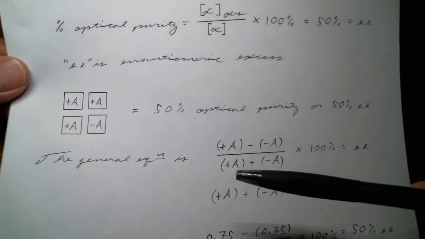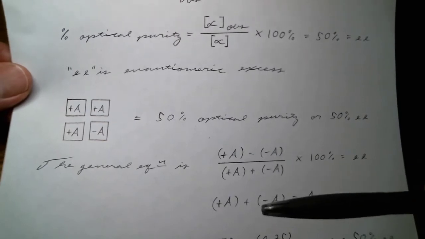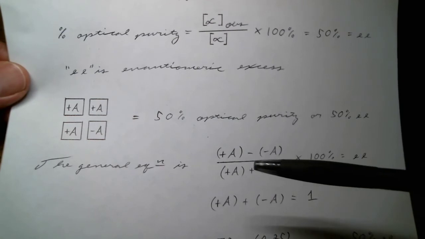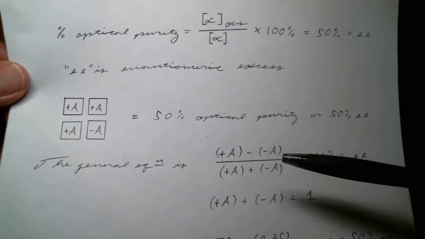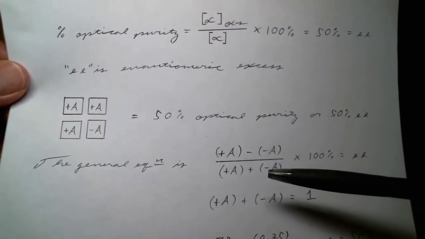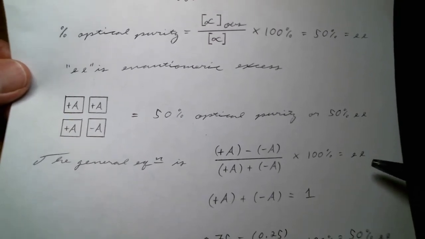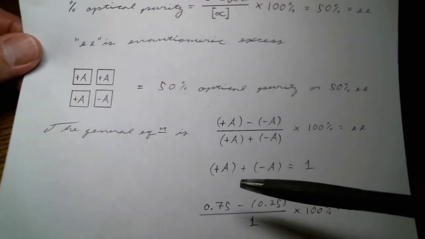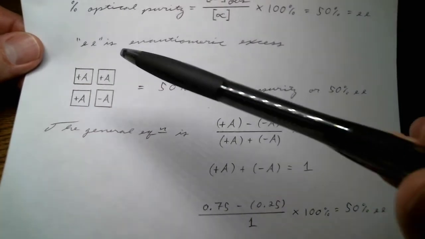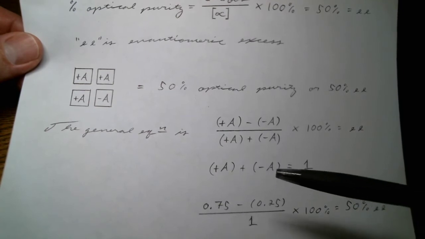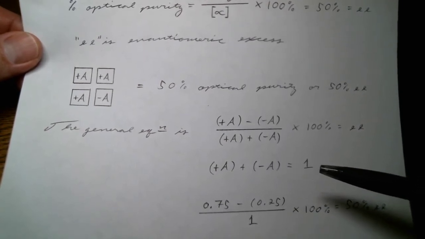So the general equation, if you have 1 enantiomer in excess, say it's plus A, it would be plus A minus minus A divided by plus A plus minus A, all times 100%, and that's just the enantiomeric excess for your solution. We know that the whole solution is made up of all of plus A plus minus A, so we define that as 1.